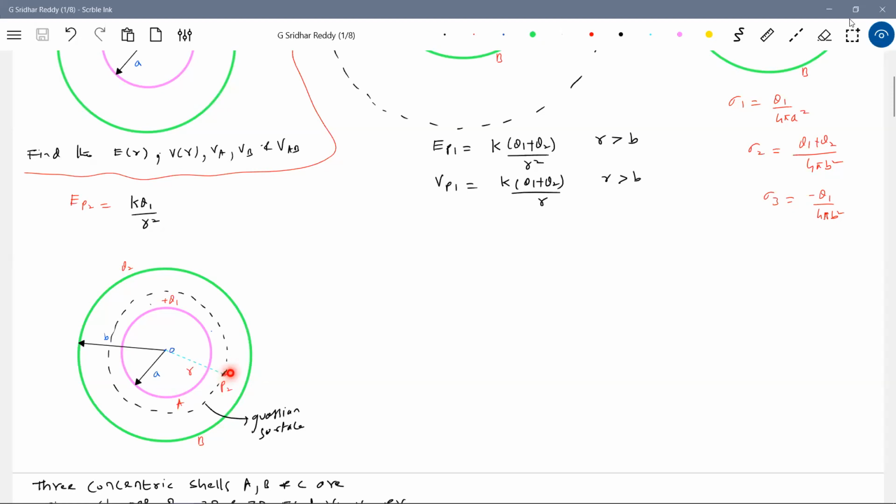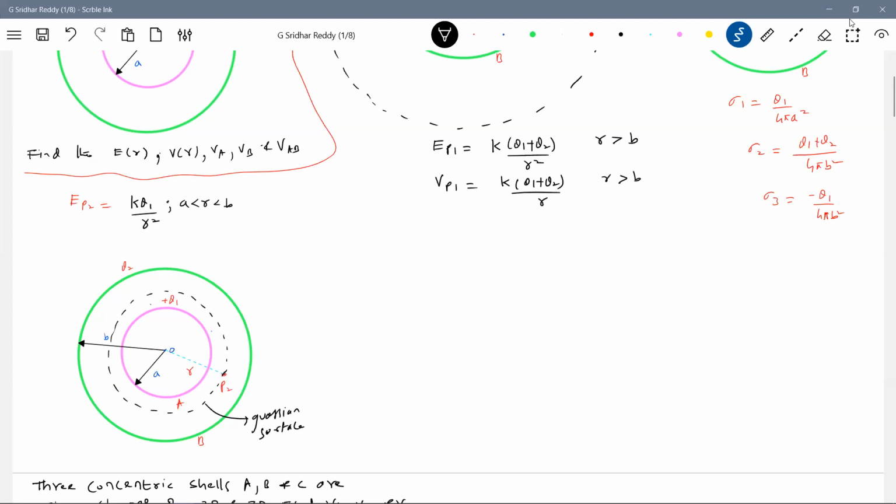The net electric field at point P2 due to charge Q2 on shell B will be 0. There's a condition. Then only Q1 contributes. I'm writing. So what is the condition for this R? R should be less than B. You're supposed to think, analyze, just mere listening is not possible.